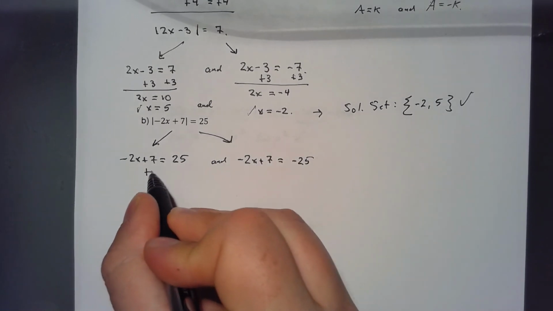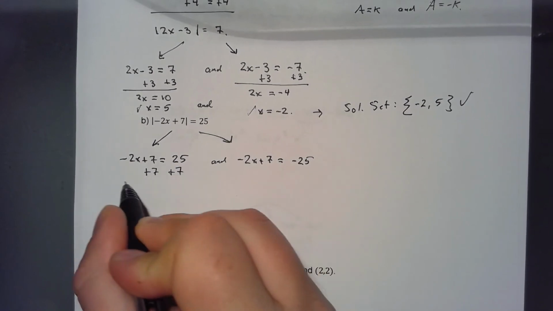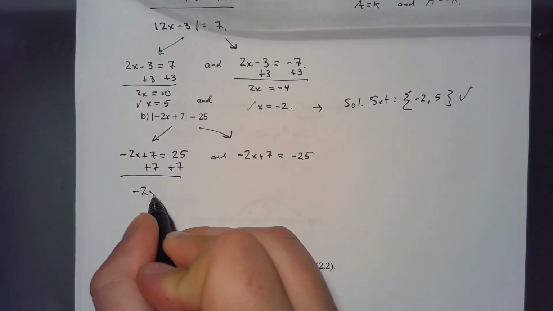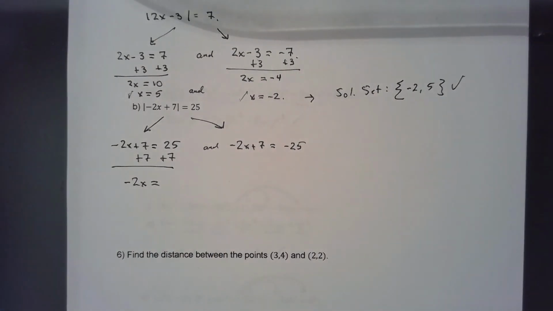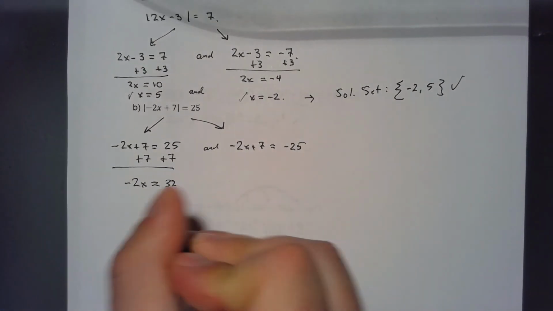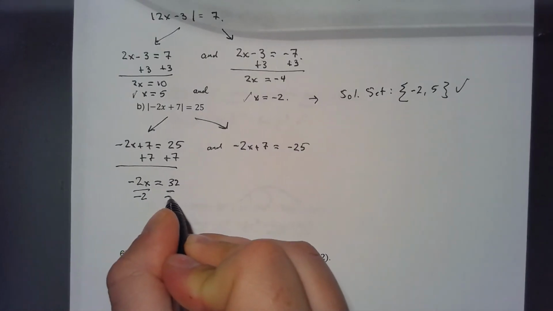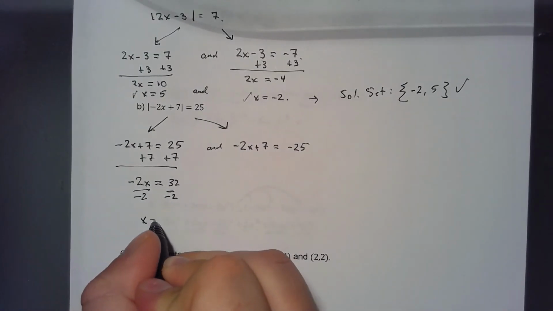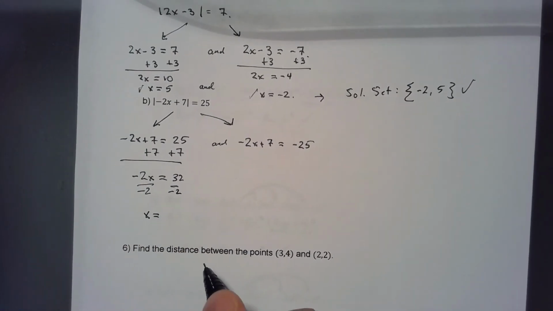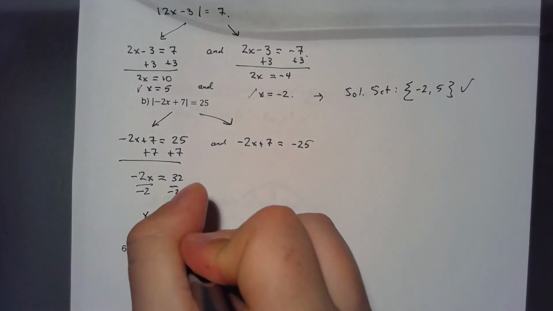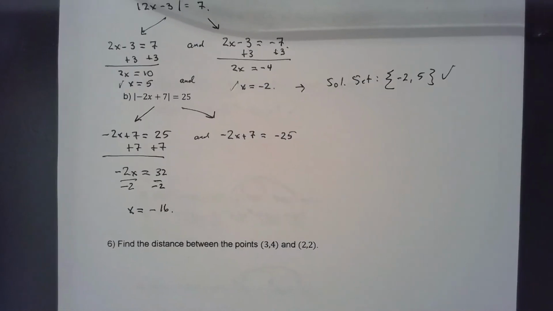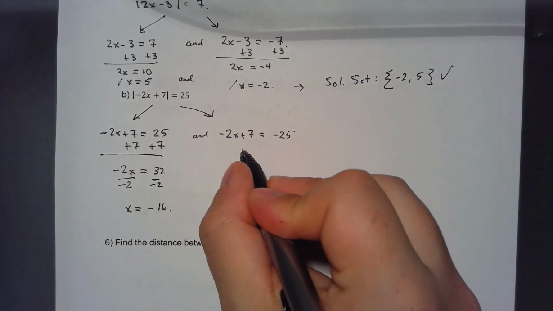Add 7 to both sides. -2x equals 25 plus 7. Last time I checked, that was 32. Divide both sides by -2. -32 divided by -2 is negative what? 16. All right. Next equation.